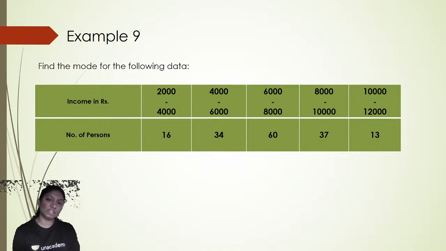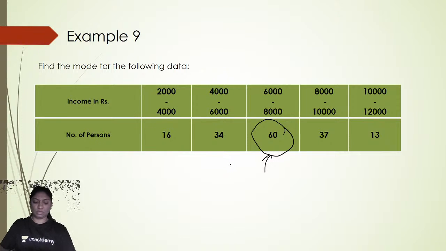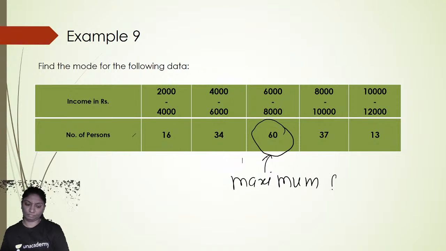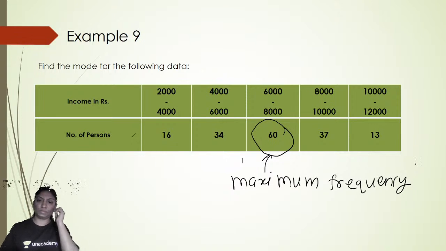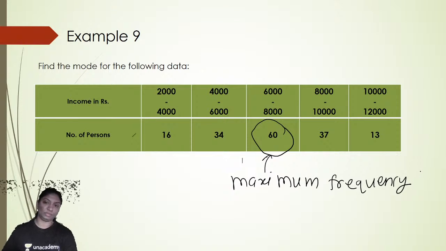The maximum frequency is here 60. Therefore, the modal class is 6000 to 8000. Okay. So L1 is the lower class limit of the modal class.